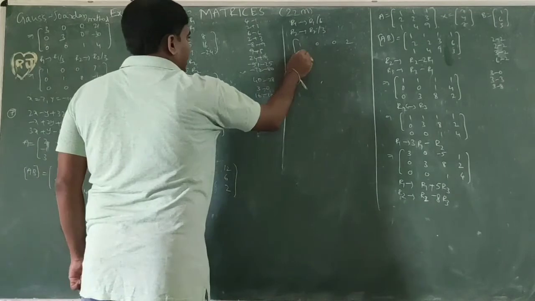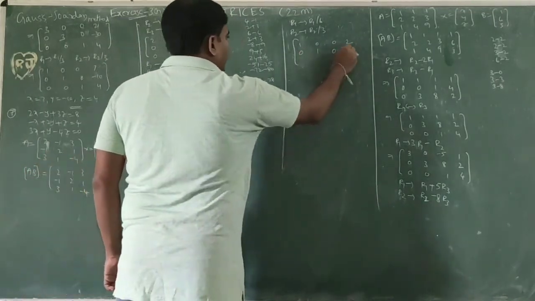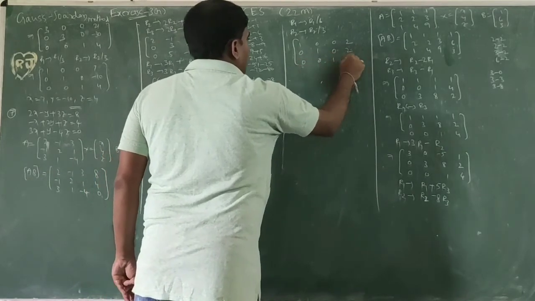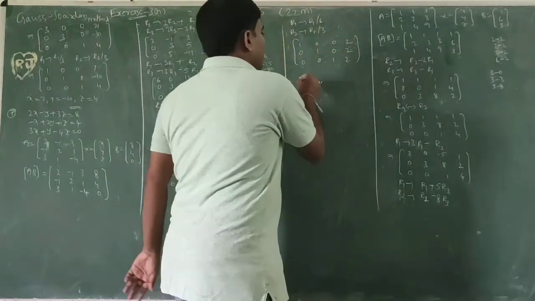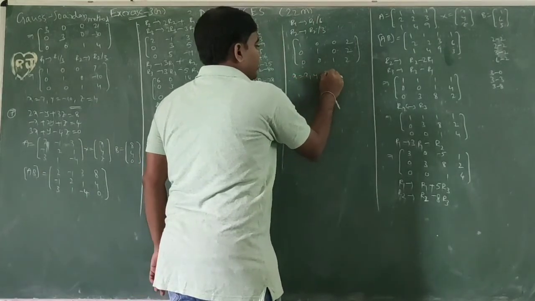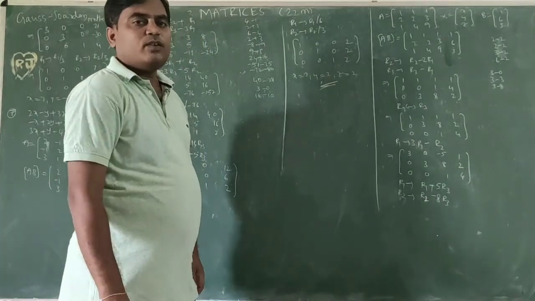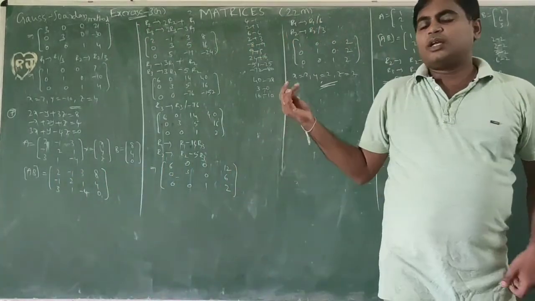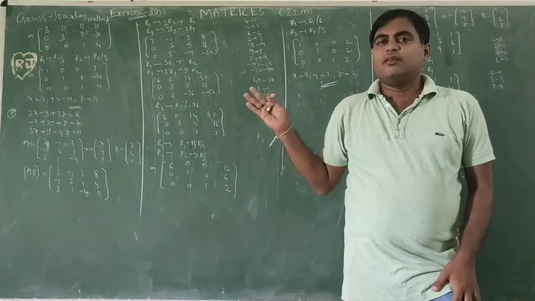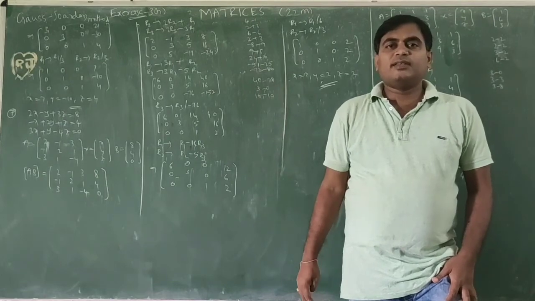Second row: 0, divided by 3, 0. 3 by 3, 1, 0. 6 by 3, 2. 0, 0, 1, 2. So now it is the diagonal matrix with x, y, z. So this is the required solution. Whatever the method you may apply, Cramer's, Gauss-Jordan, Gauss elimination method, whatever the method we may apply, the result is always the same.